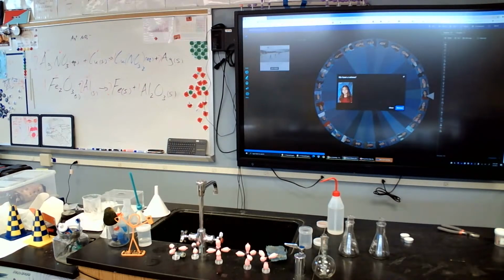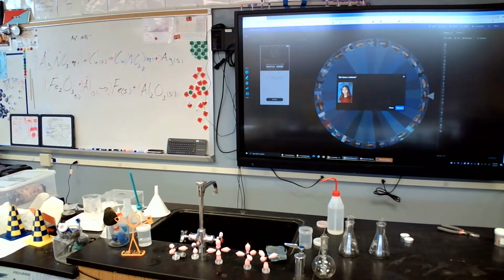Spark was there because of the high temperature to get the reaction going. Okay, that's cool.